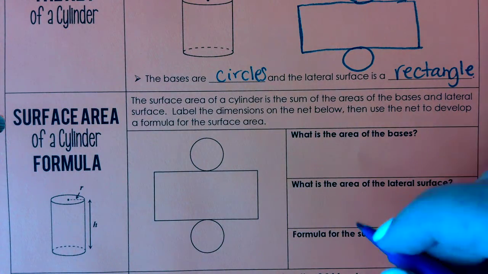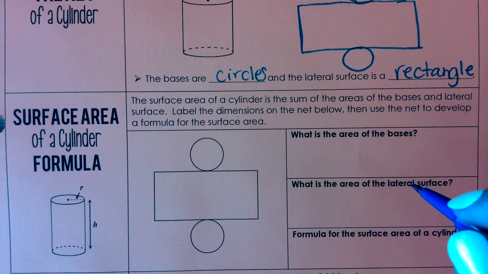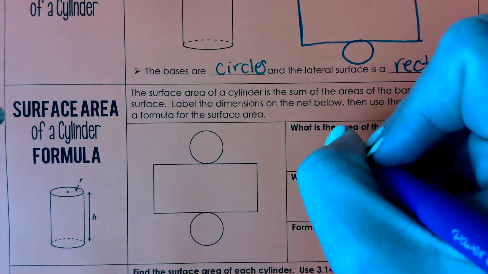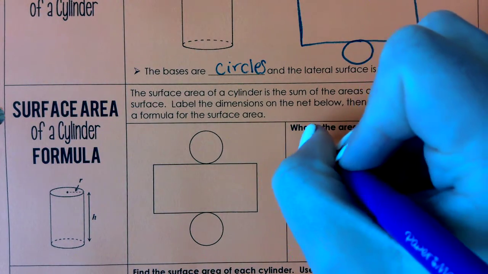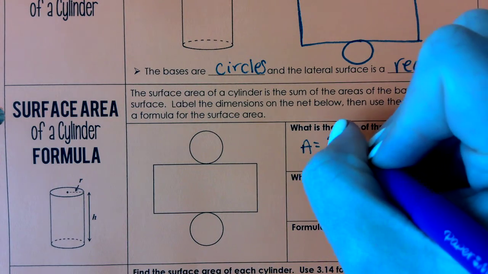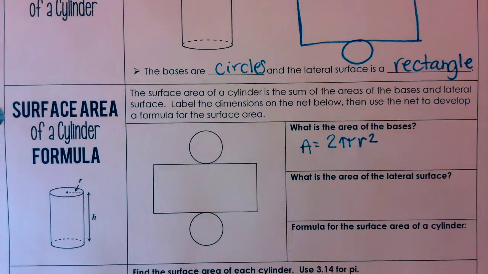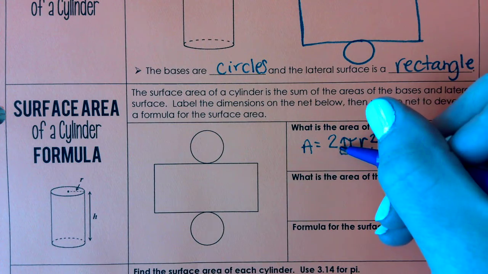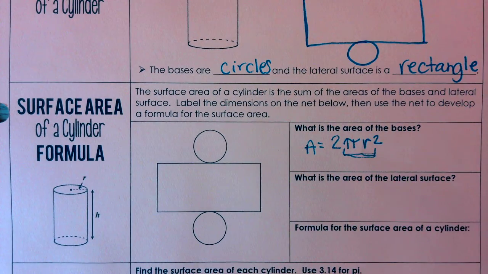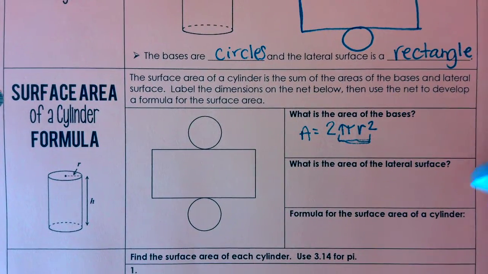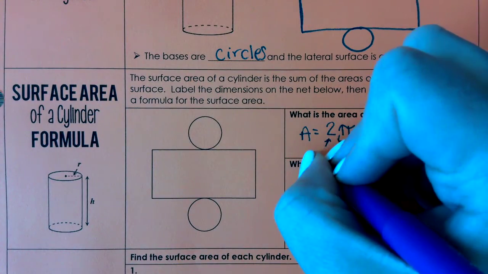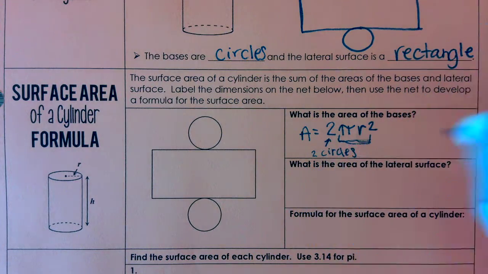The area of a circle is pi r squared, but there are 2 circles, so it's 2 pi r squared.